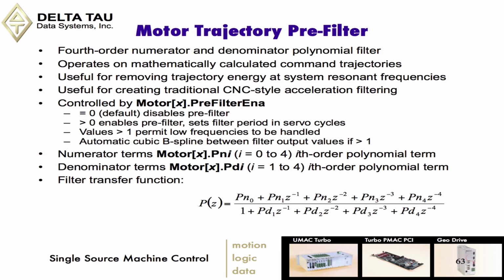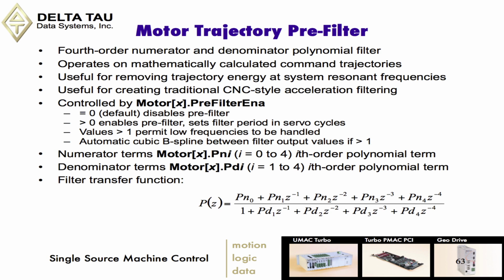We have a motor trajectory pre-filter, so we can enable the motor trajectory pre-filter, and we can set up all of its numerator and denominator terms to give us a filter transfer function. By default, it's set to 0.